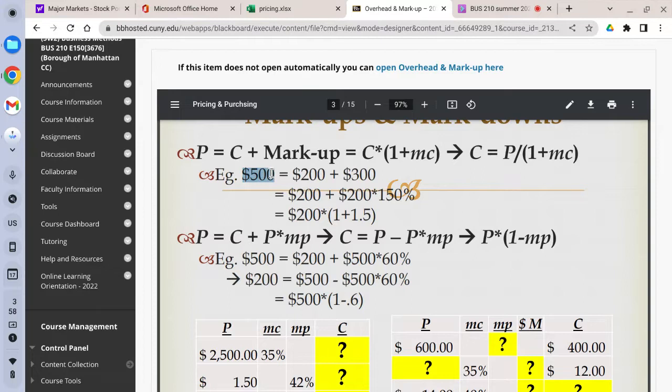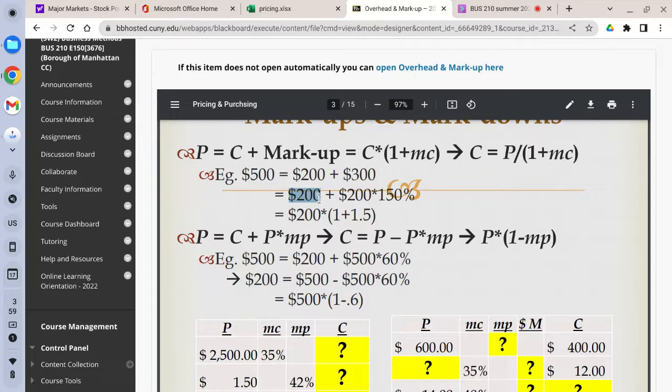If you're selling something, a computer, that's $500, and its cost is, this is not a very good example. If the cost is $200, then $300 is the markup. That's a lot of markup. Usually it would be the other way around. $300 cost, $200 markup.